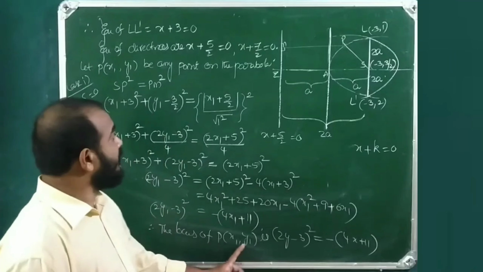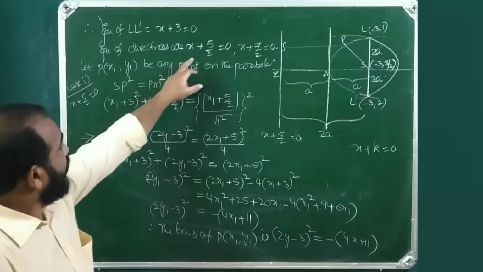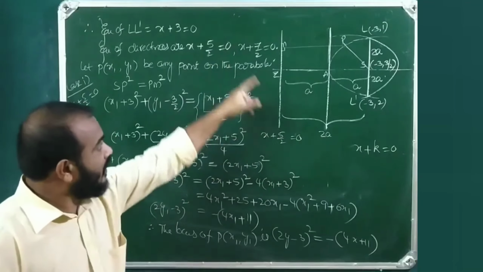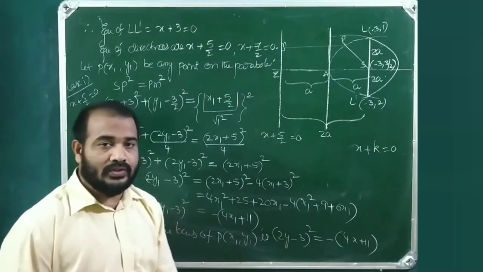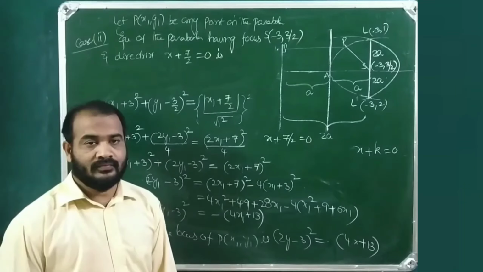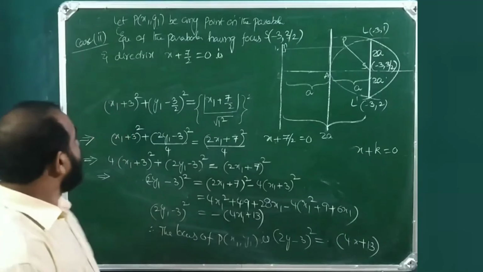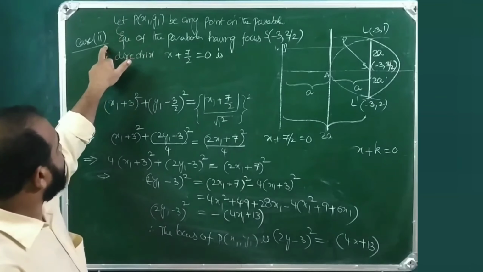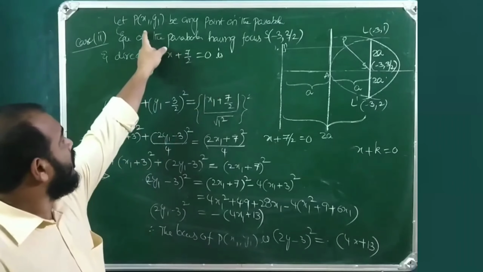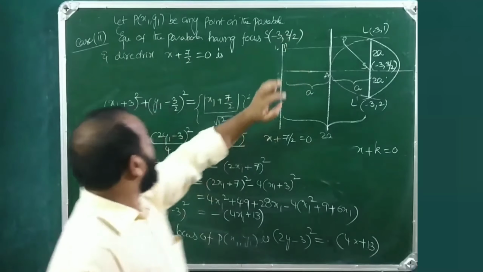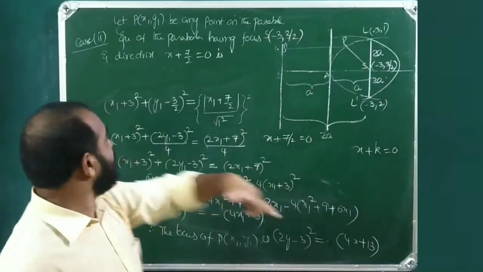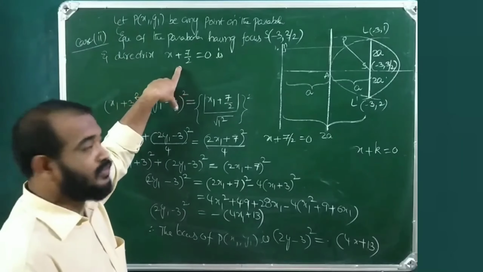So still the problem is there. For x plus 5 by 2 equals 0, the directrix we have taken, and for x plus 7 by 2 equals 0 also we need to take. So the second case, x plus 7 by 2 equals 0 is the directrix now. Let P(x1, y1) be any point on the parabola. The parabola has focus (minus 3, 3 by 2) and directrix x plus 7 by 2 equals 0.